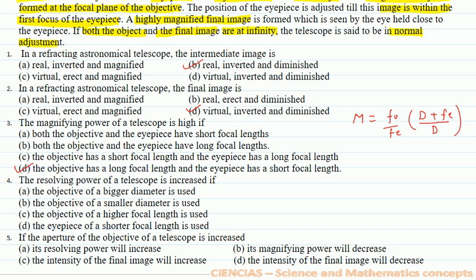Now here the formula for resolving power is equal to D upon 1.22 lambda, where D is diameter of lens and lambda is wavelength of light.